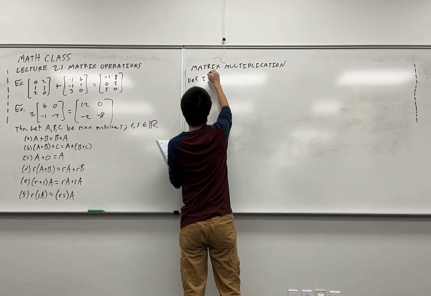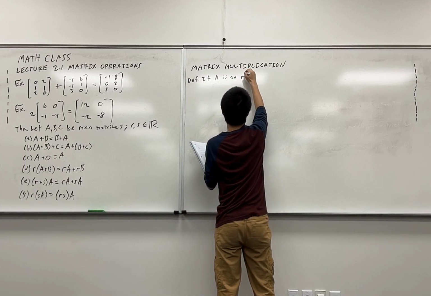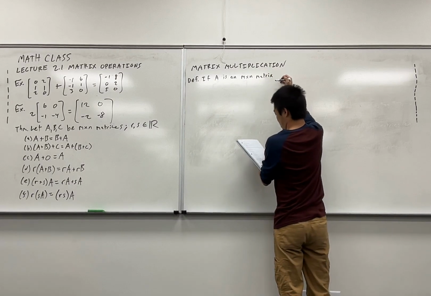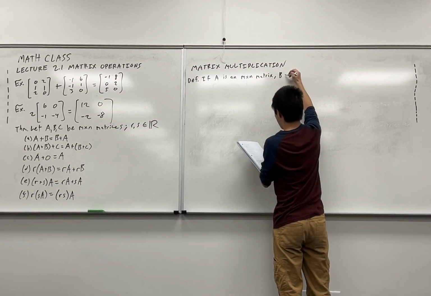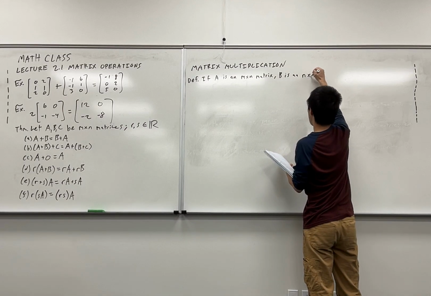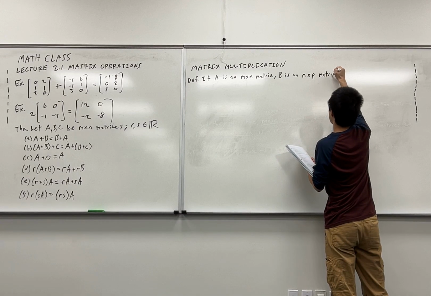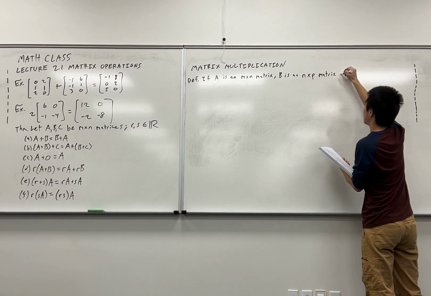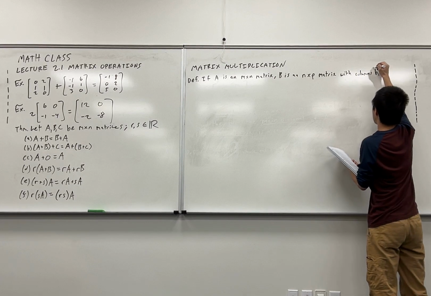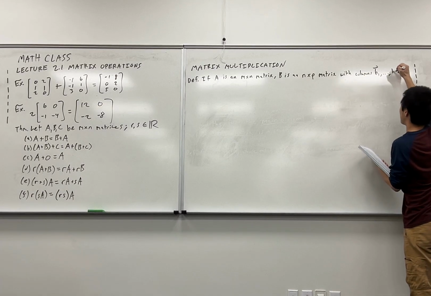If A is an m by n matrix, and B is an, now watch very carefully, n by p matrix with columns B1 through, and since it's p columns, BP.